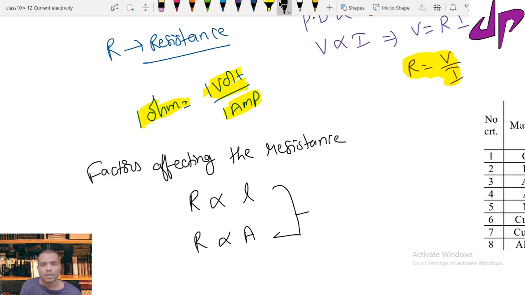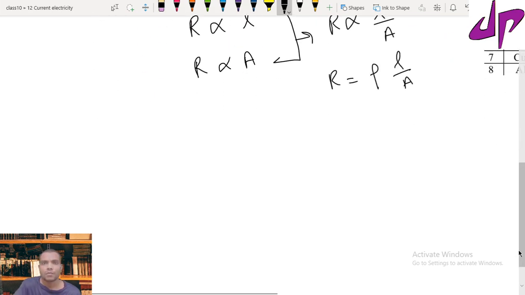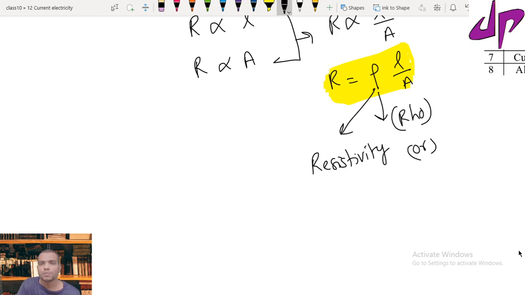Together we can write that resistance is directly proportional to L upon A. Now we can remove the proportionality constant and replace it with another constant, rho, which is known as resistivity or specific resistance. So this is another formula for resistance, in terms of length, area of cross section and resistivity, rather than voltage and current.